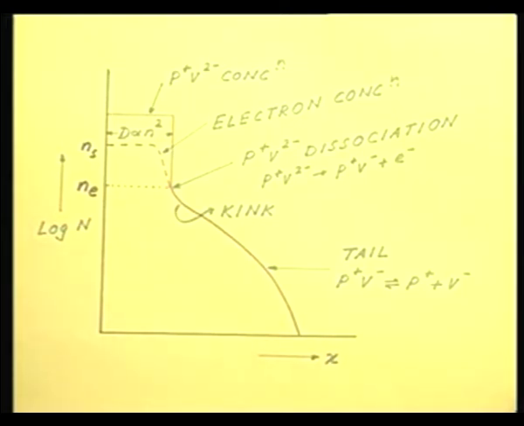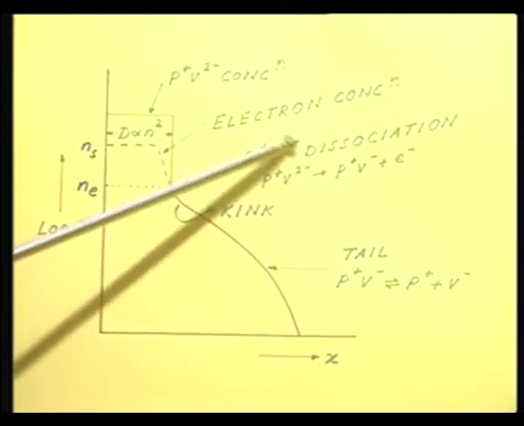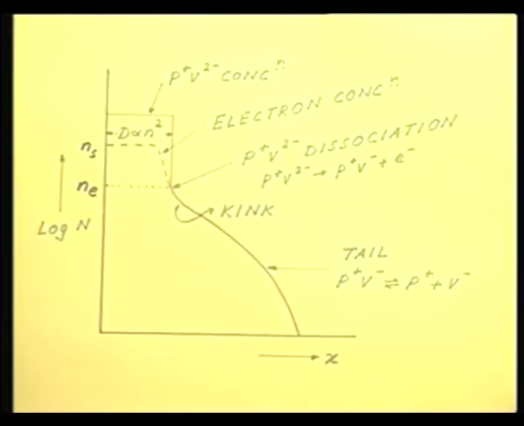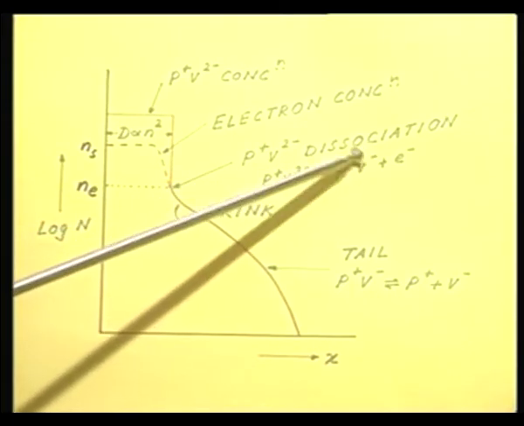So, in the phosphorus doping profile you will see that in different regions different terms dominate. Closer to the surface, where the doping concentration is very high, the diffusion coefficient is proportional to n square. Then as it falls below a critical level Ne, at which the Fermi level is 0.11 electron volt below the conduction band, at that point this P+V2- dissociates, giving rise to P+V-.